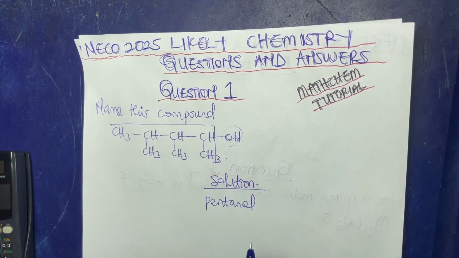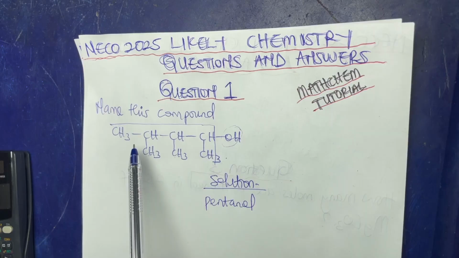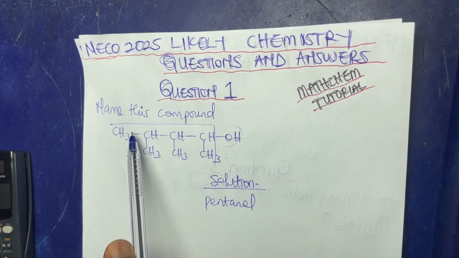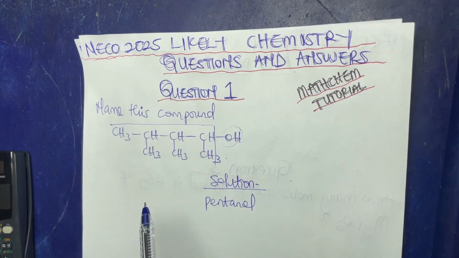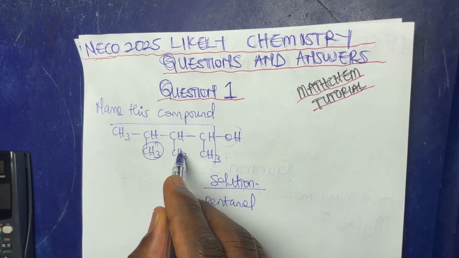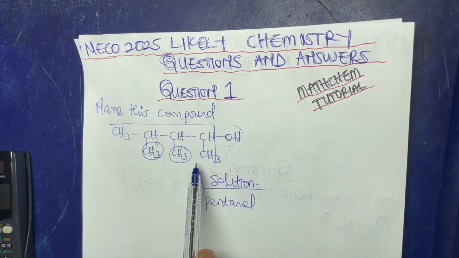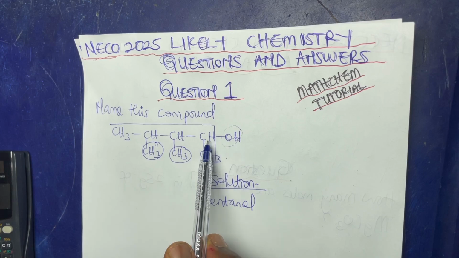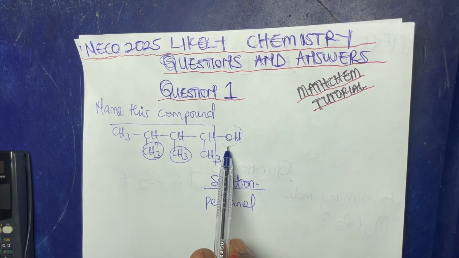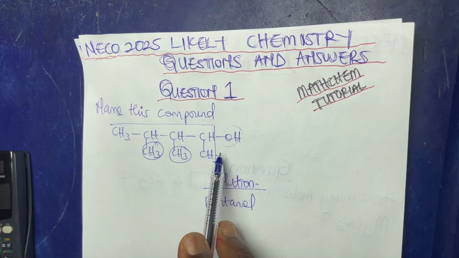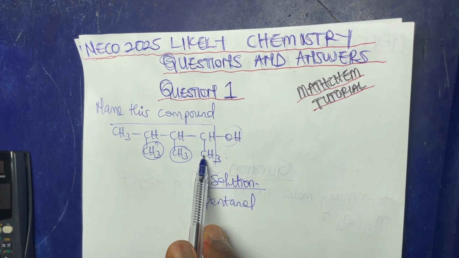Pentanol. So if it's pentanol, then what are the substituents I can see here? That is 1, 2, 3, 4, 5. So this happens to be a substituent, also a substituent in this place. So if I'm counting from the carbon atom carrying the functional group, which is OH, from here, that's going to be 1, 2.